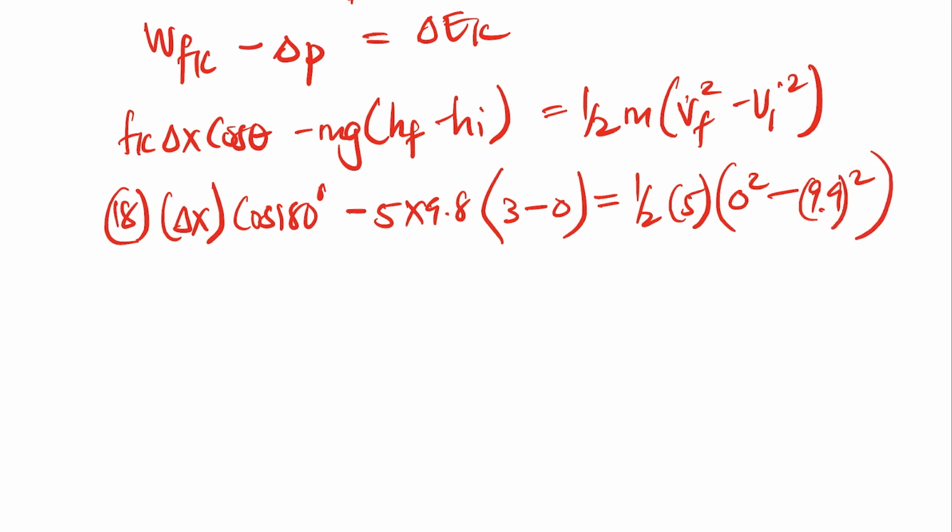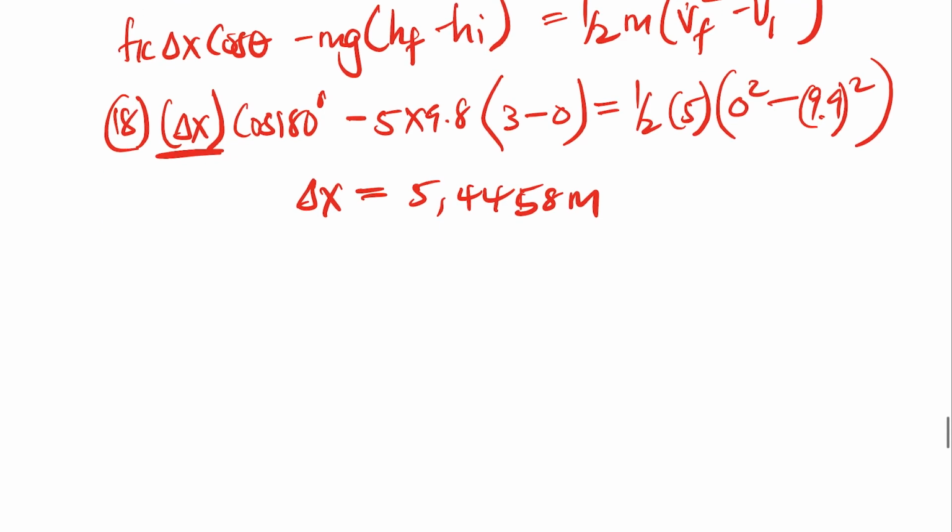When you punch this in the calculator, you will get the displacement first. The only unknown here is the displacement, so your displacement will be 5.4458 meters. I'm not going to round off that answer because I'm still going to use it.